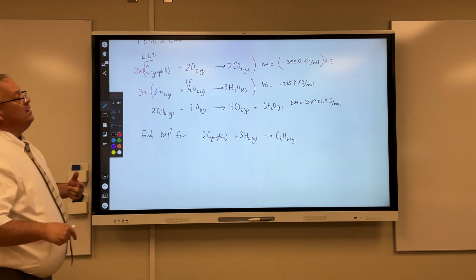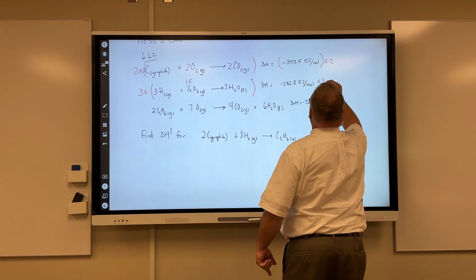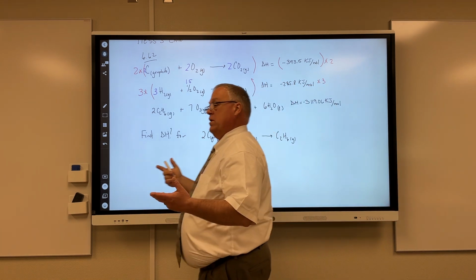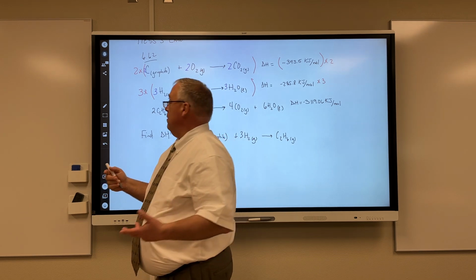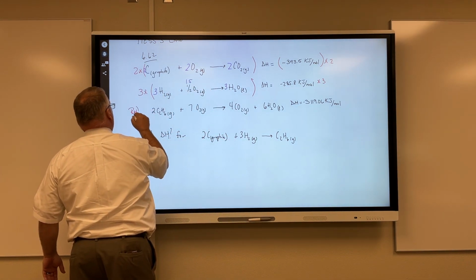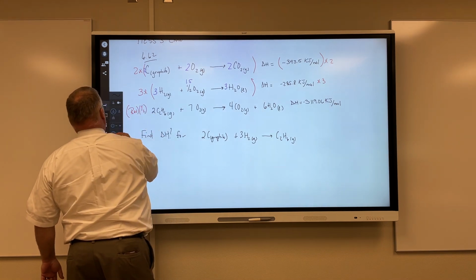Here, I forgot to say we multiply this one times 3, right? If we reverse that, and then what do we do? We multiply it by a half. Yeah. So we would reverse, and then we would multiply by a half so that we get this reaction.